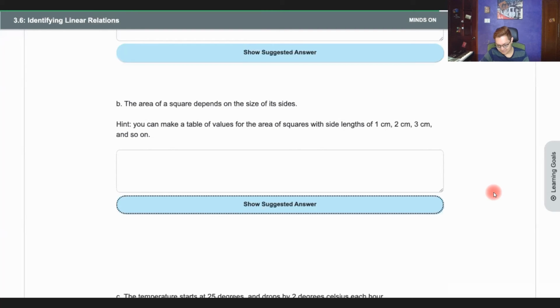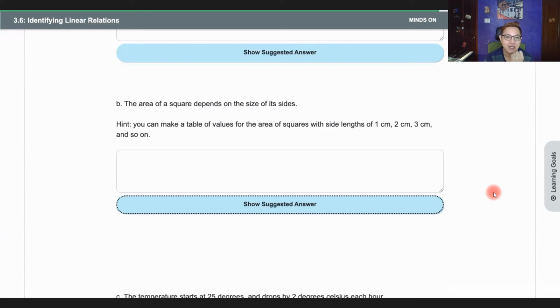I'm not really sure about this. Okay, size of its sides. So of course, a square, all the sides are the same, right? There are four sides to a square, but all of them are the same.